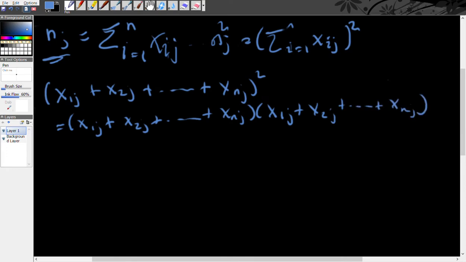When you're doing this multiplication, it's like taking the first one and multiplying it with each of the others, so on and so forth.